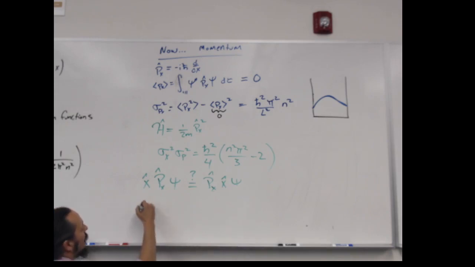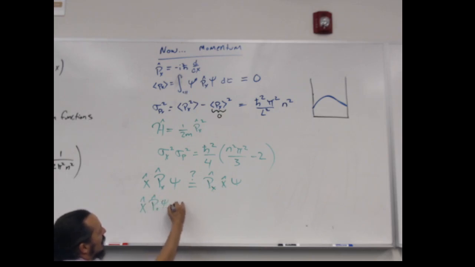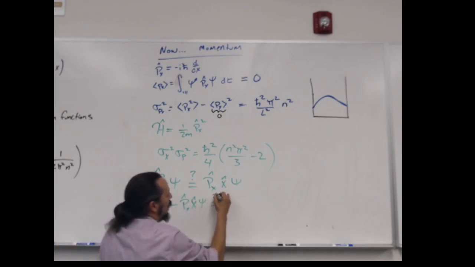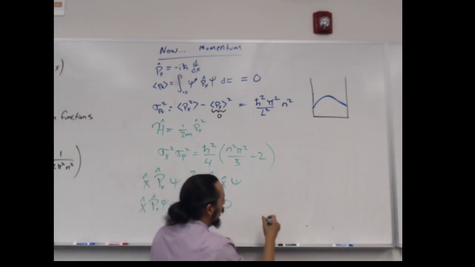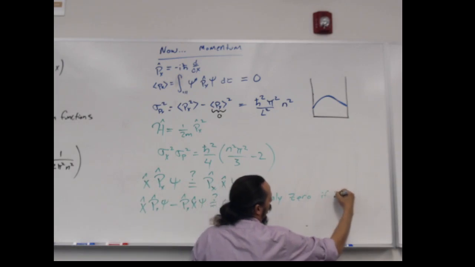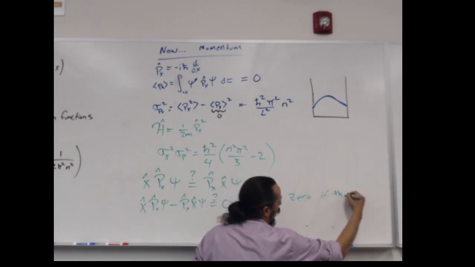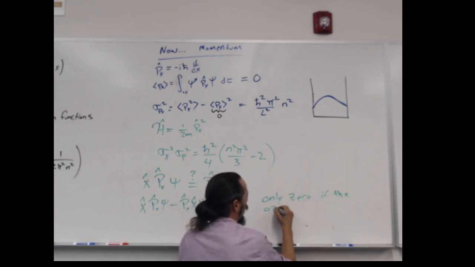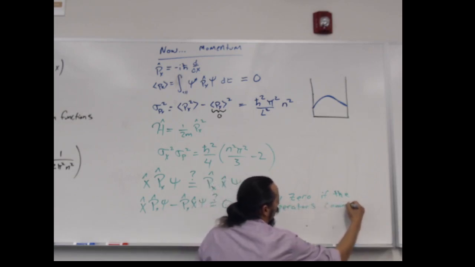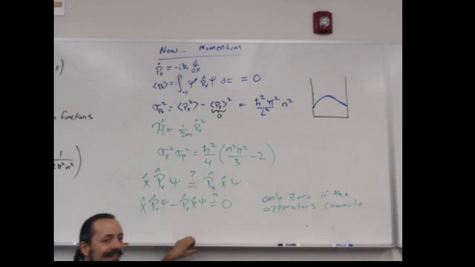And the way we often write this down is x hat p hat on psi minus p hat x hat on psi is equal to, and we want to know, is this 0? And it's only 0 if the operators commute, if the order of operation doesn't matter.